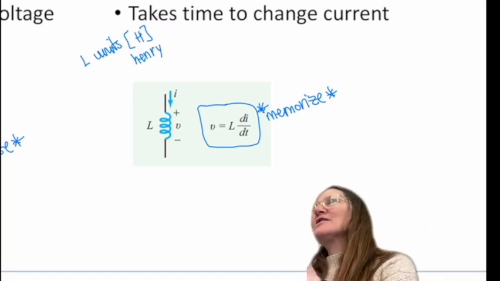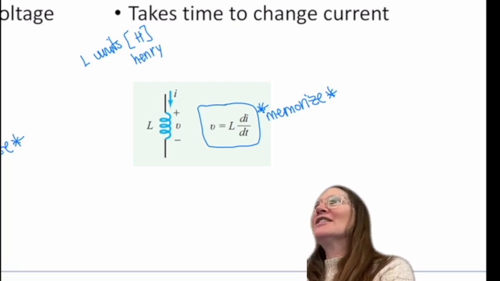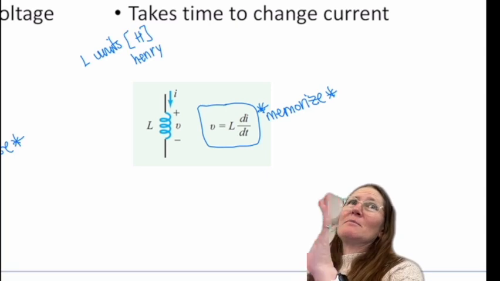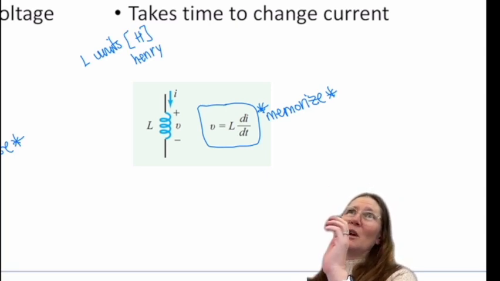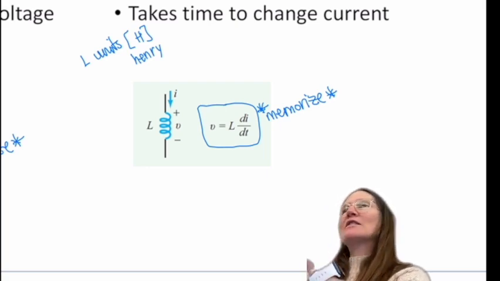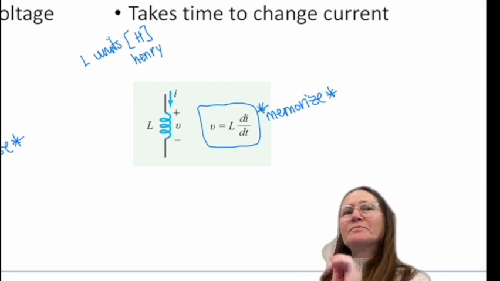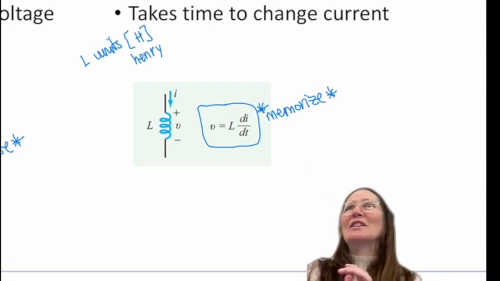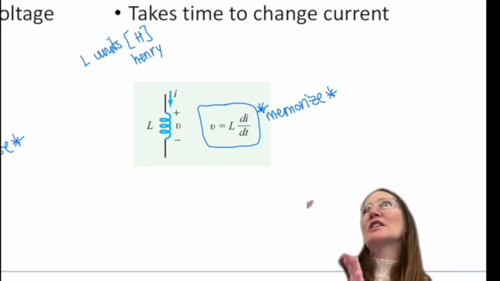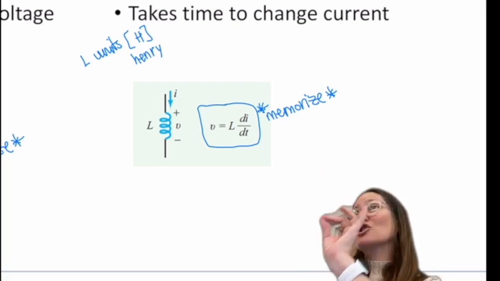So in Physics 2220, you guys will learn, if you haven't taken that yet, about magnetics. And so that electromagnetic field is actually what happens with an inductor. It creates a field around it, and then it pushes the current movement. Because remember, movement of current is the change in positive and negative charges.